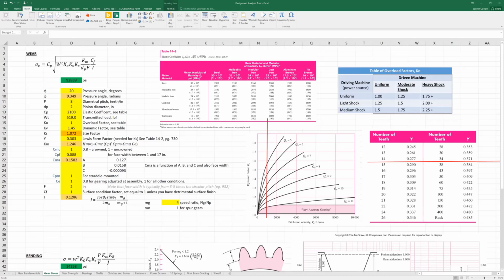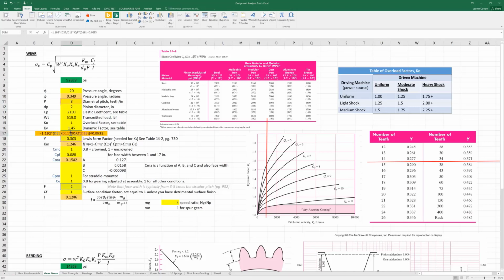It looked like our pitch line velocity in this scenario was 890 feet per minute. So I would just try to eyeball that. And then the concept check, we have a quality standard number 6. So you would do your best to find where these two lines intersected, and then read the axis there.